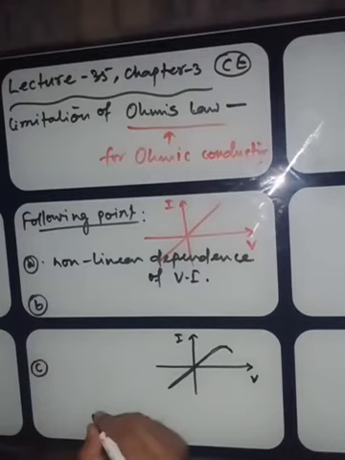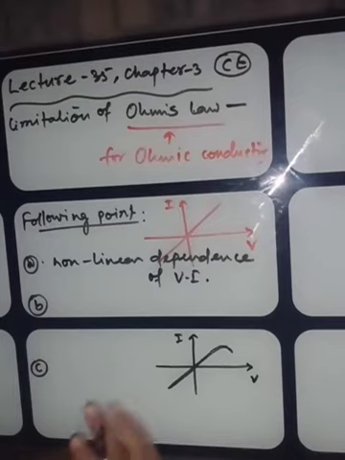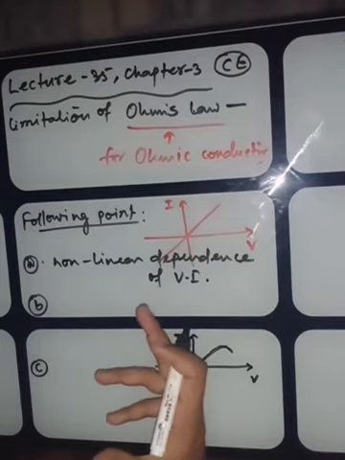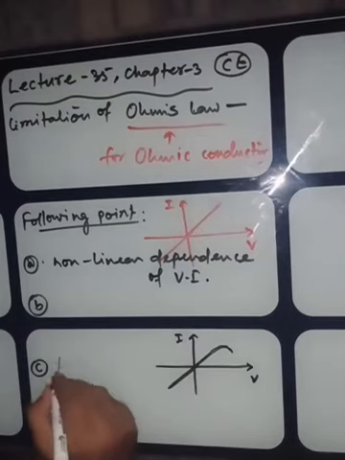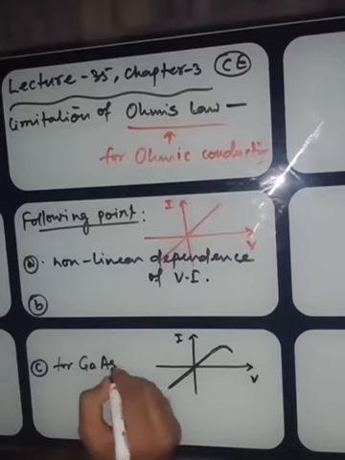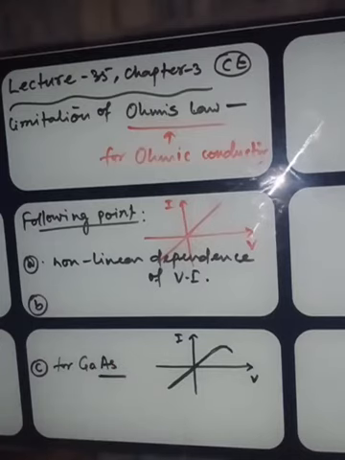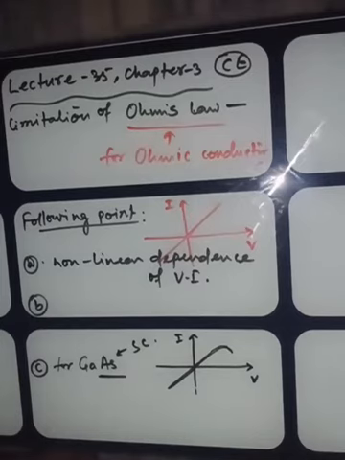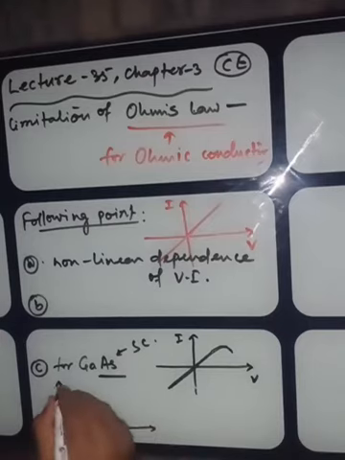And the third point regarding the limitation of Ohm's law: if you draw the graph of gallium arsenide, which is a semiconductor, remember my dear students, it is a semiconductor, you will find the graph looks like this one, more or less.